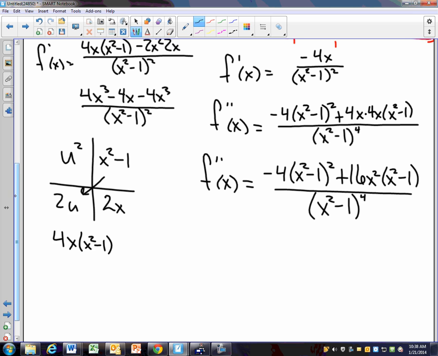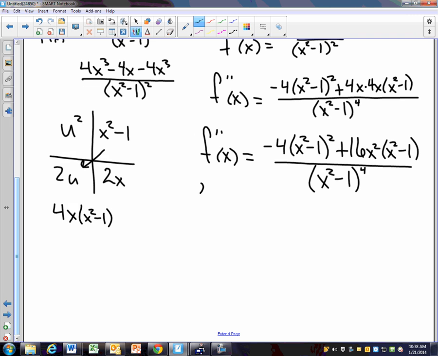Okay, so what can we factor out of the top? I'm just going to factor out an x squared minus 1 because I know that that will cancel with the bottom. So I have an x squared minus 1. And if I factor out an x squared minus 1, what am I left with here? -4 times x squared minus 1.